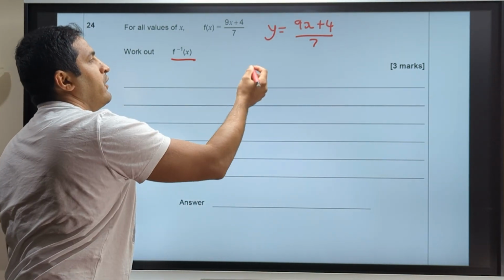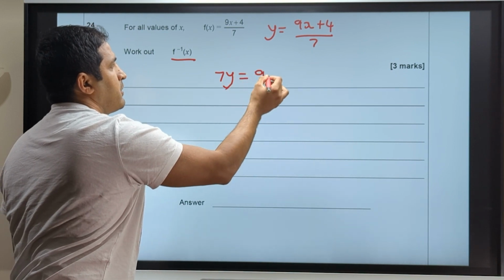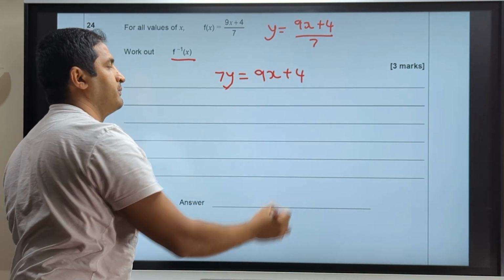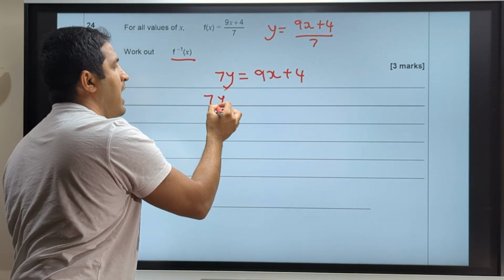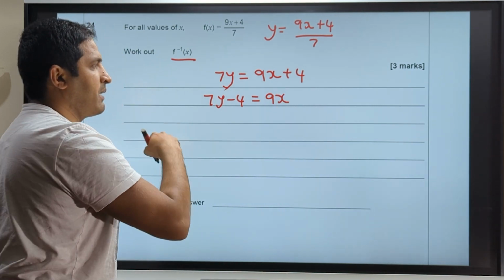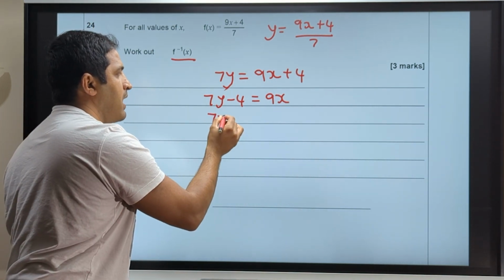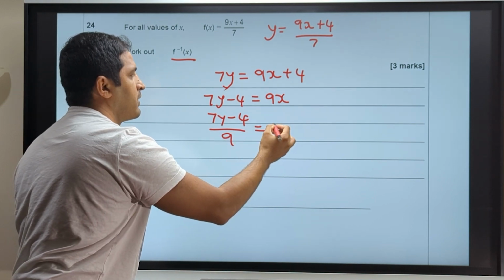So we rearrange that by multiplying both sides by 7, we get 7y equals 9x plus 4. Then you take away 4 from both sides, you get 7y minus 4 equals 9x. And then divide both sides by 9, you get (7y minus 4) over 9 equals x.